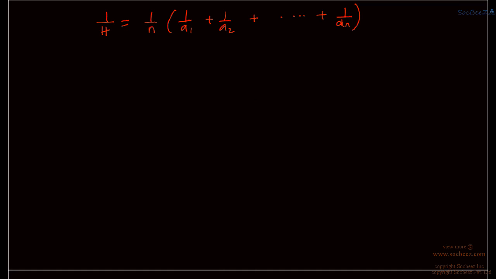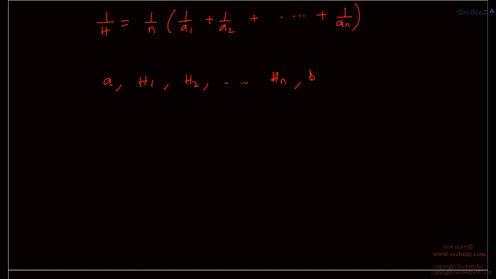Let us now introduce n harmonic means between a and b, right? So suppose a is the first term, and the last term is b. This is again the same introduction of n harmonic means instead of arithmetic or geometric means as we did in the earlier case.